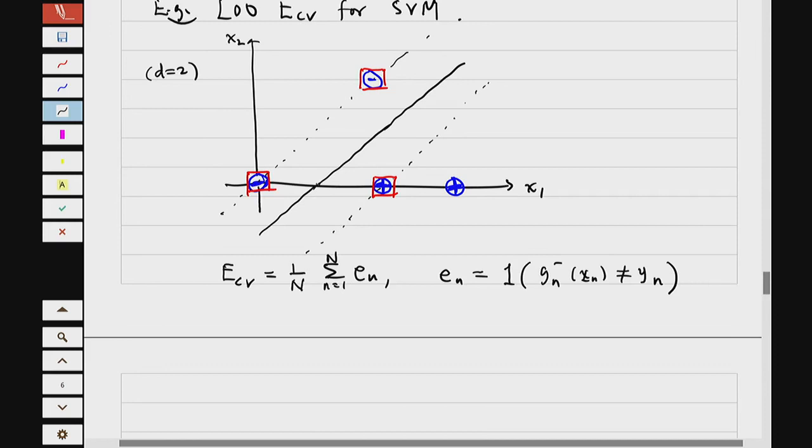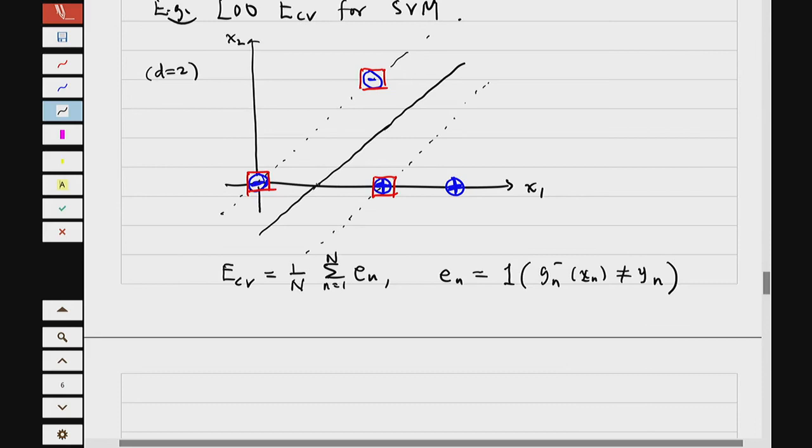Now suppose it is not a support vector. Suppose this data point that you take out is not a support vector. What do you think e_n is? What happens?